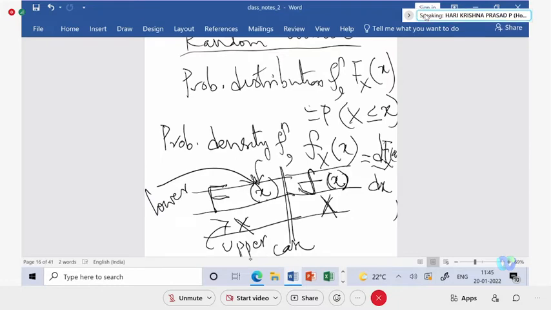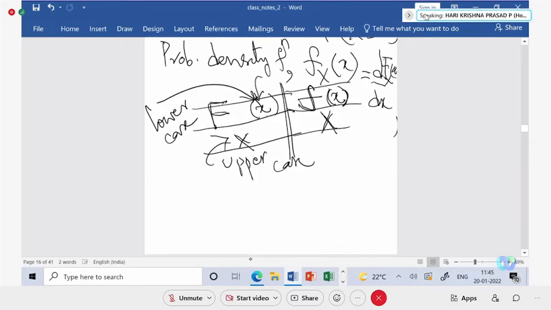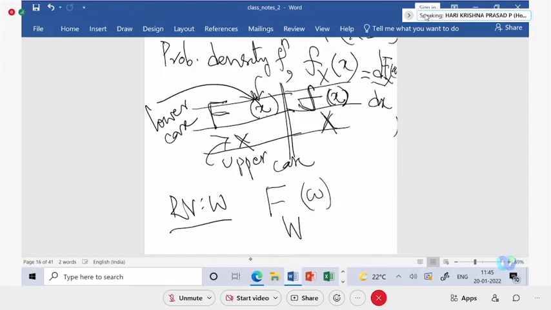Always please take care of that. If I have a random variable W, how should I represent the corresponding distribution function? Something like this. The argument must be a lowercase alphabet.